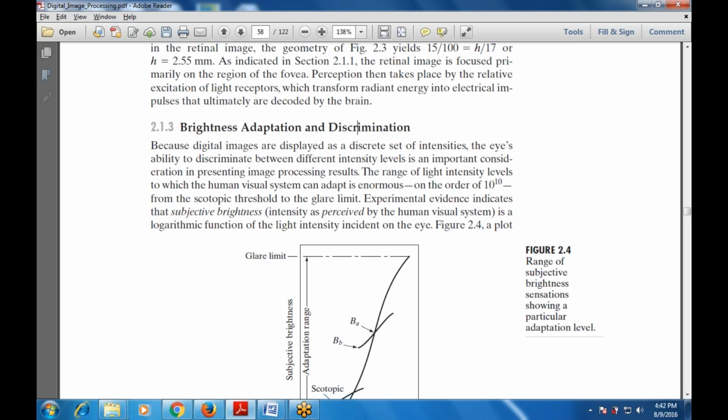The range of light intensity levels to which the human visual system can adapt is enormous, on the order of 10 to the power 10, from the scotopic threshold to the glare limit. Experimental evidence indicates that subjective brightness is a log function of the light intensity incident on the eye, that is, a log term perceived by the human visual system.